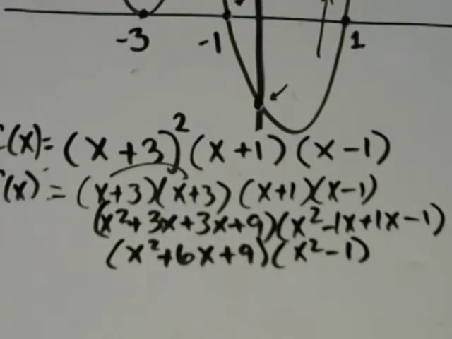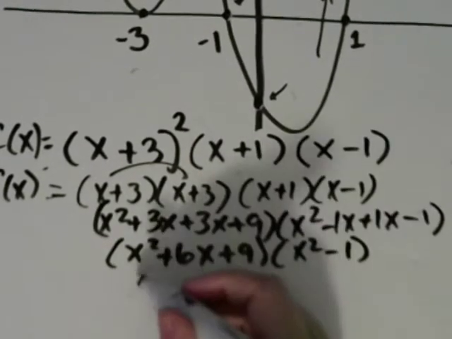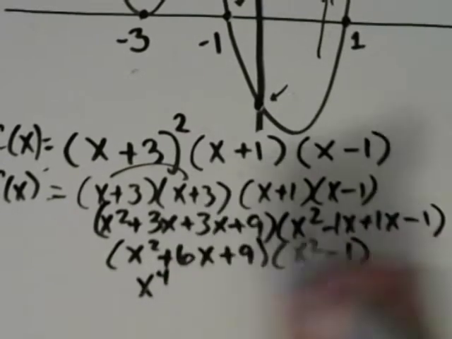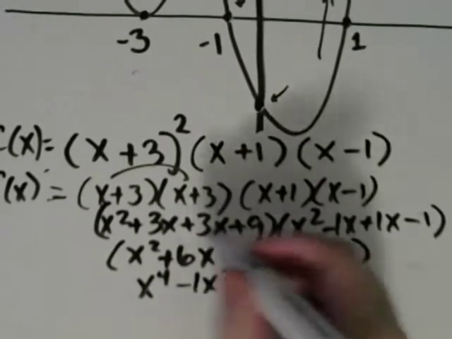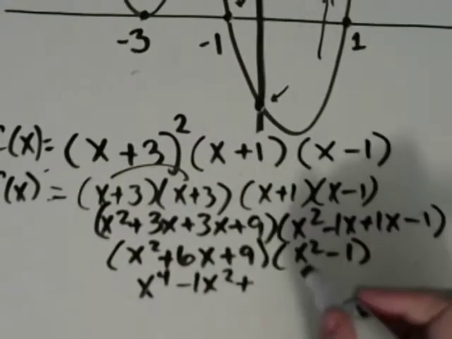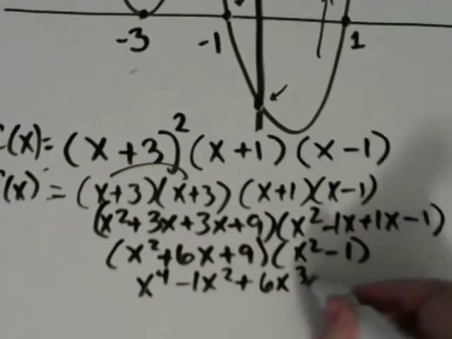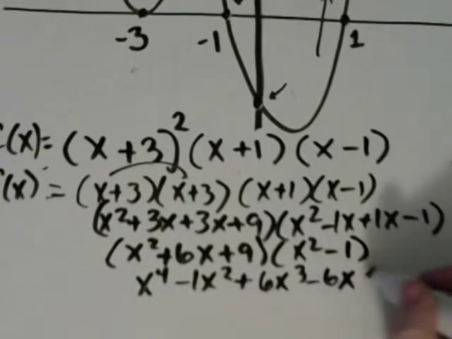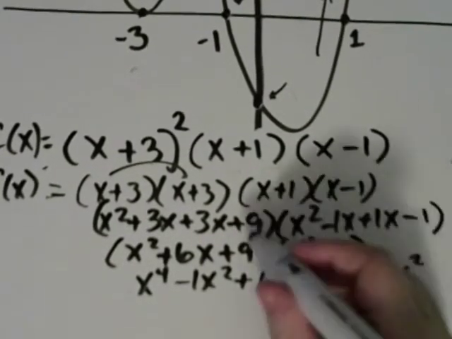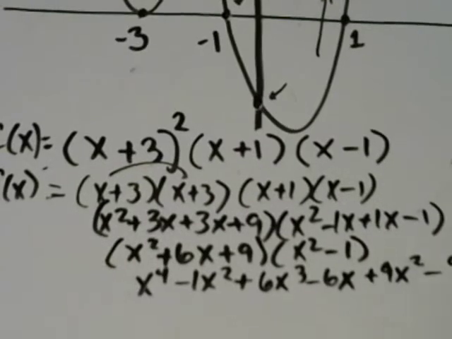More multiplication. I need to do x squared times x squared, x squared times -1, 6x times x squared, 6x times -1, 9 times x squared, and 9 times -1.